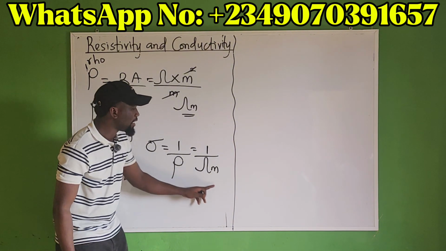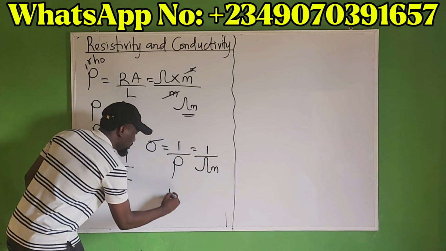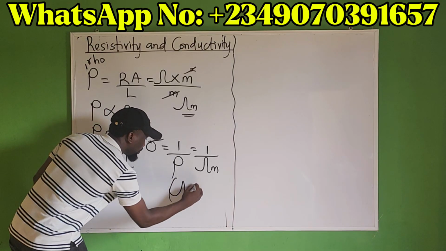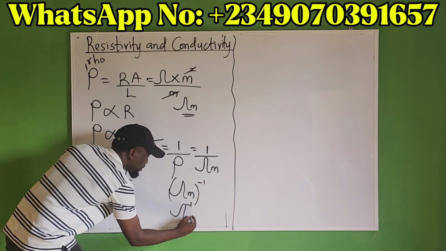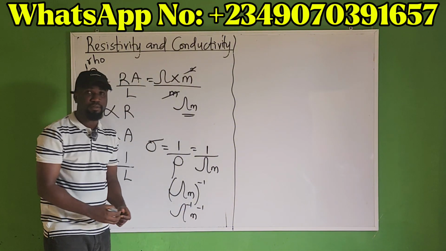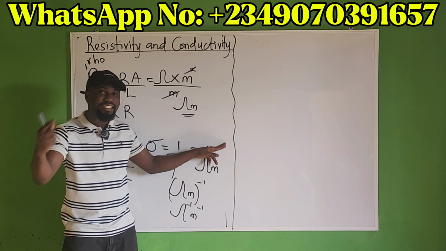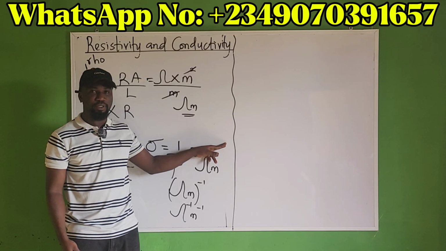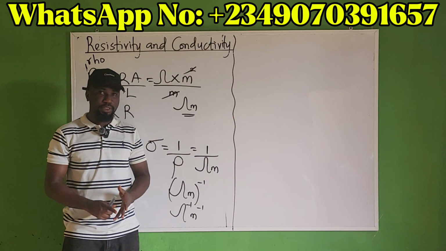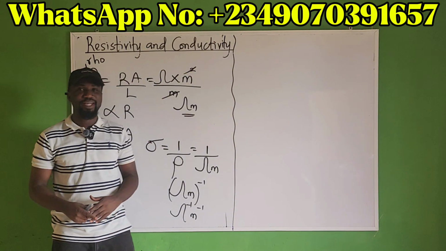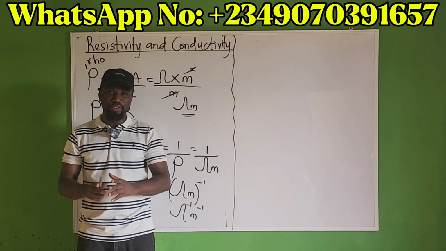If this ohm meter is to come up, you are going to have ohm meter to the negative one, or per ohm per meter. A negative index, a negative power. So this is the SI unit of conductivity.